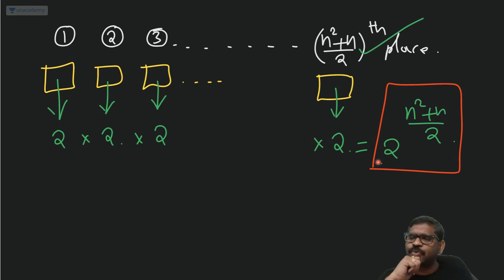Now, if you could not get the second method, you follow the first method. Leading diagonal entries are n entries. Those n entries are n different blank places.